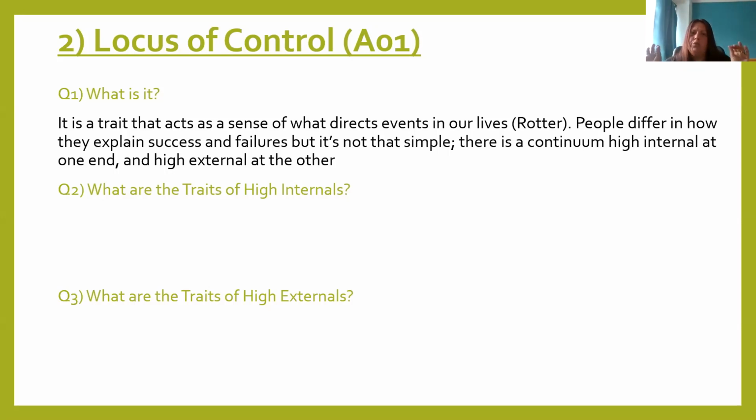And what we're really interested in is those that score high on either end of that continuum. Most of us, if we carry out a locus of control inventory, will fall somewhere in between, usually with more of an internal locus of control, but not necessarily at the extremes. So what do these traits tell us about individuals?